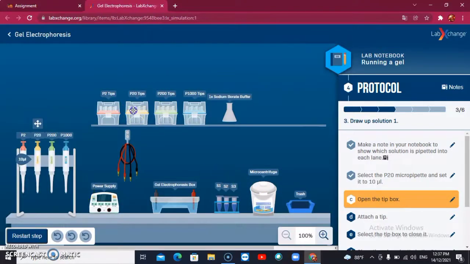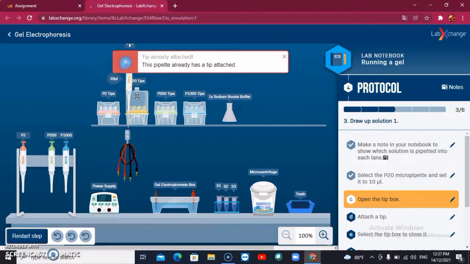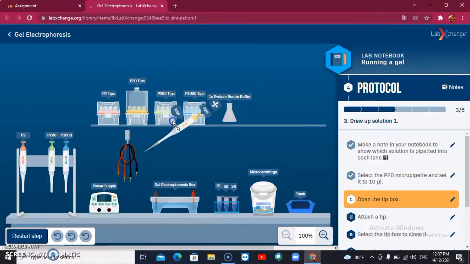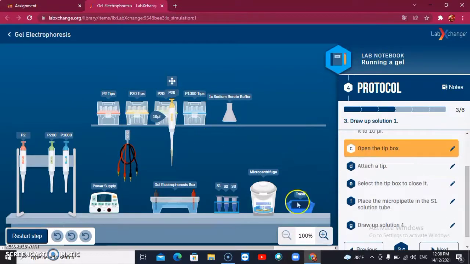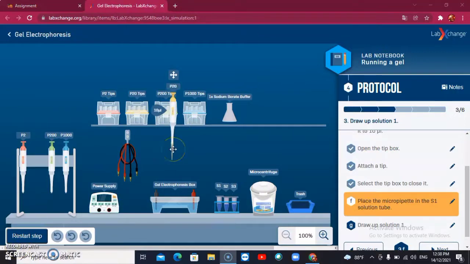Open the tip box. Attach a tip. Place the micropipette in the S1 solution tube.